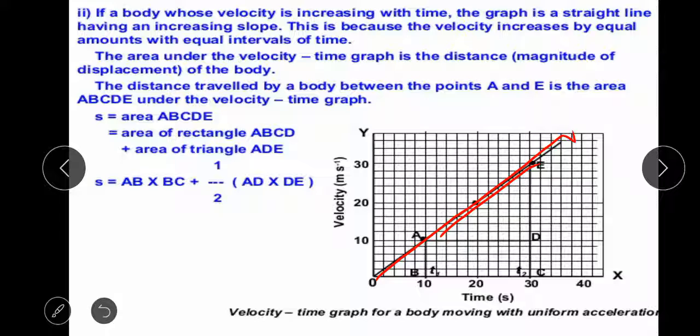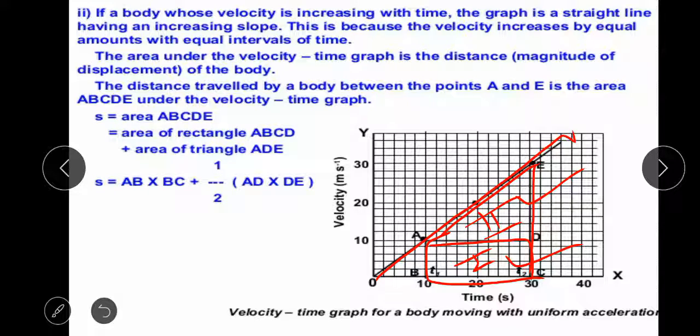Hence distance traveled can be calculated by the area covered by the graph. Now the point AE covers this area, which is technically a trapezium. You can find the area in parts, as you have a rectangle first and a triangle second. Then for determining the area under the graph, you have to add the area of the rectangle and the area of the triangle.